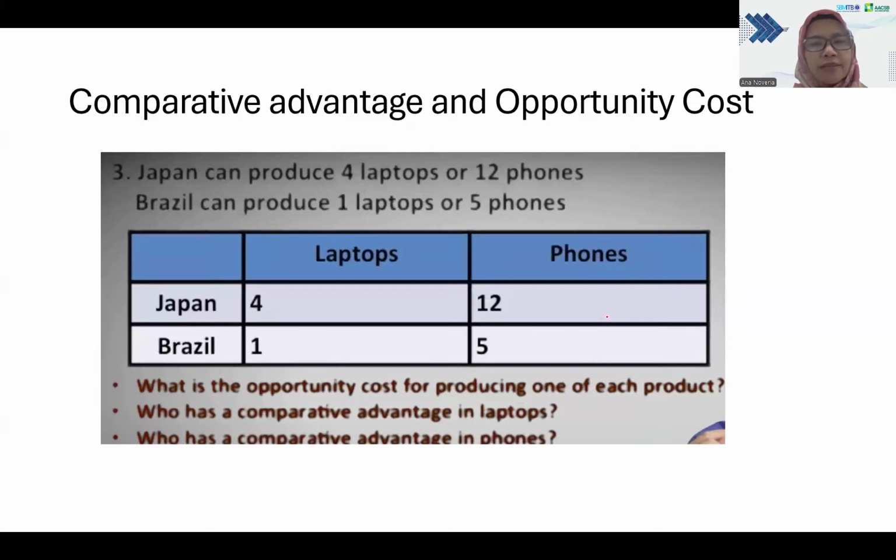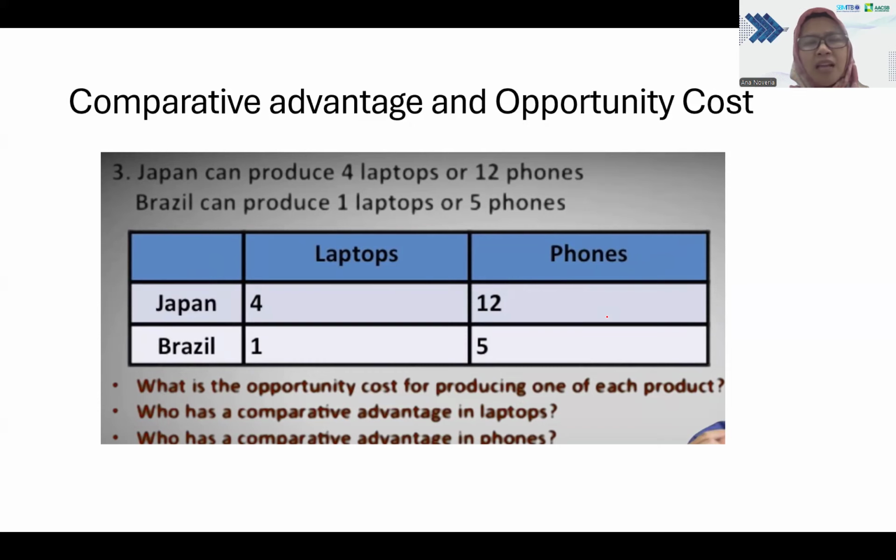Next exercise. Japan can produce 4 laptops or 12 phones, and Brazil can produce 1 laptop or 5 phones. In terms of absolute advantage, you already know from the previous exercise.